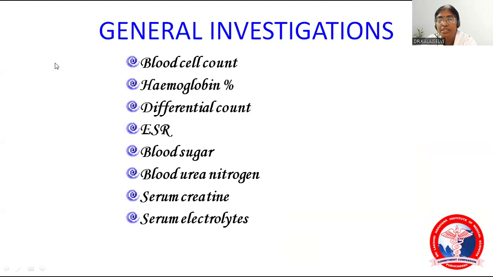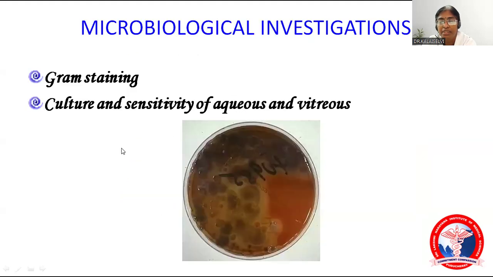Now investigations. Blood count, total count and differential count are done to check hemoglobin percentage, and the values are blood sugar, urea, nitrogen, sodium. As per the microbiological investigations, we need to check which organism we are dealing with.